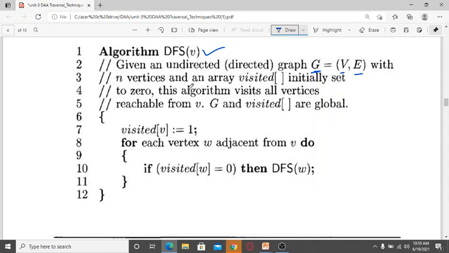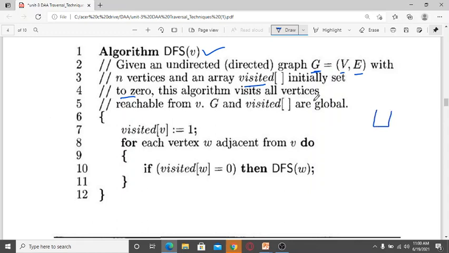N vertices and an array visited initially set to 0. First we are setting it to 0. No one is visited. That means the stack is empty.